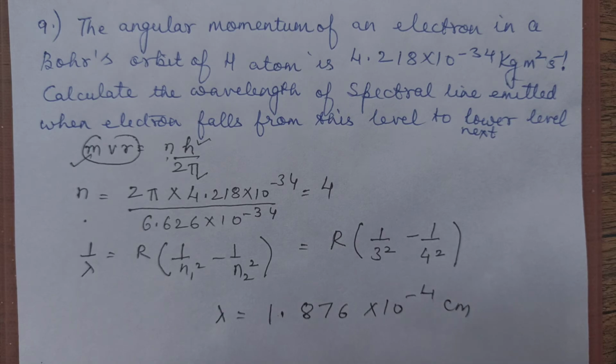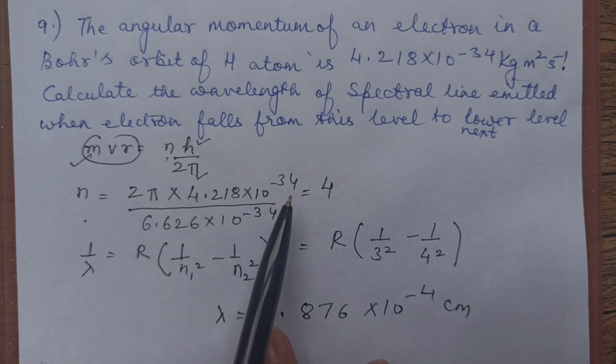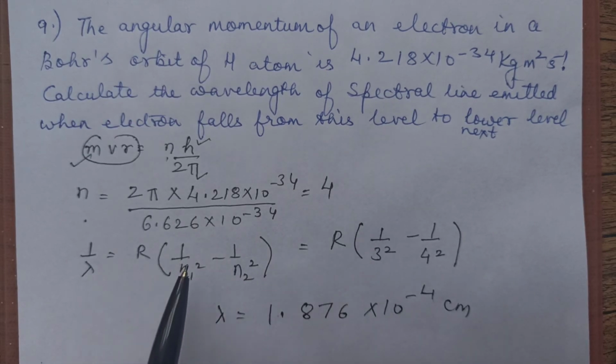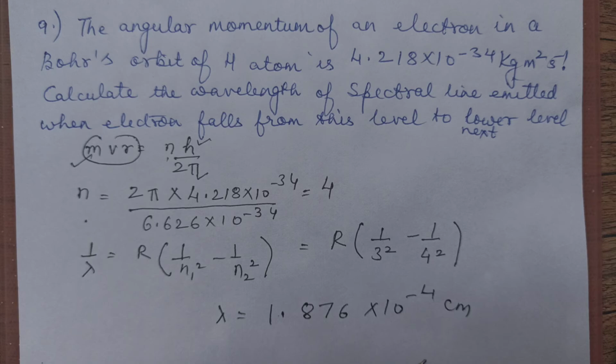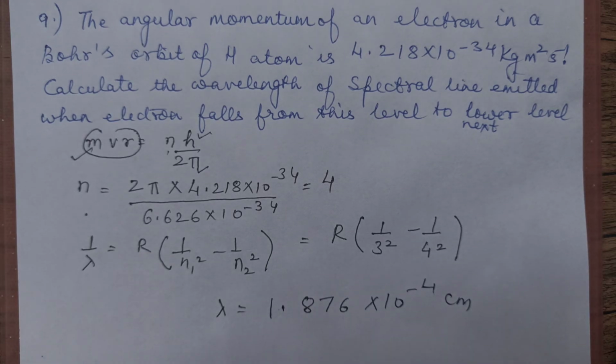Why centimeter, children, here? Don't bother about these, as MKS we have taken; the R value we have taken as 109677, which is in centimeter. These were only used to calculate the N value. If you want, you can write in meter or convert into angstrom also.